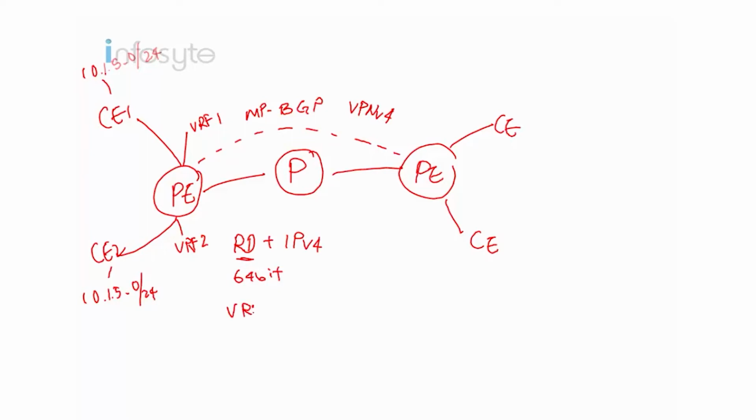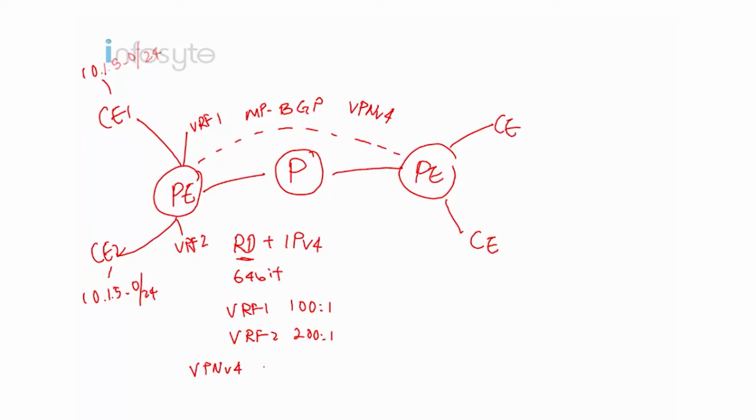For VRF number 1, I assign the route distinguisher as 100:1, let's say, and VRF2 as 200:1. So how does the VPN-v4 look?